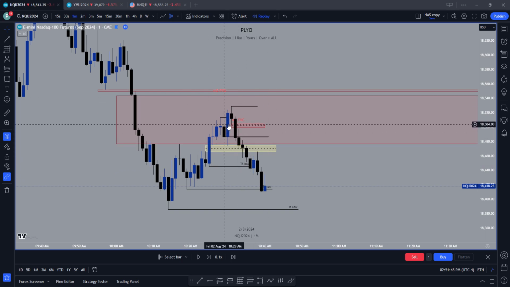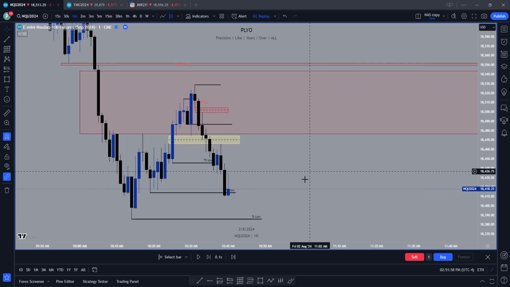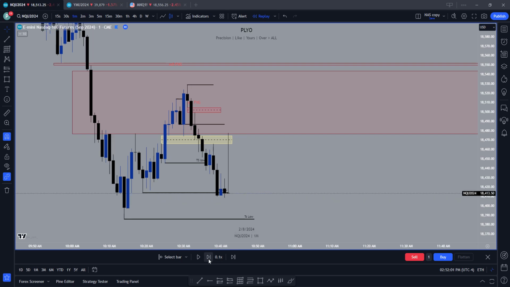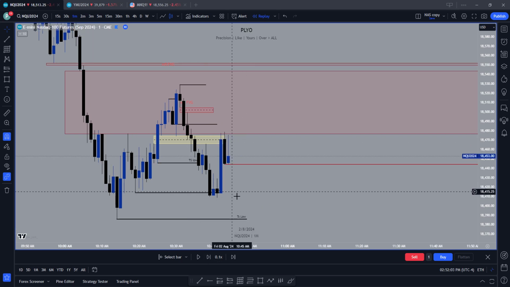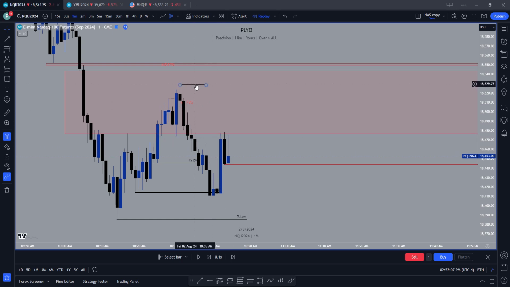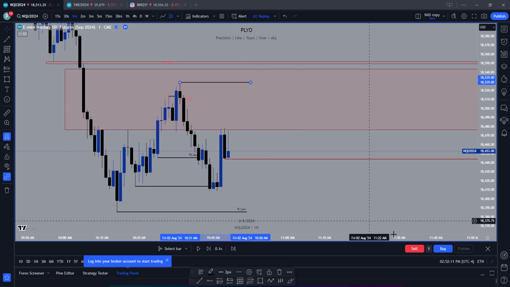The only thing that we're missing here is an inverse right in this leg. However, we get it down here, right? But we get the CISD. So like I said, it's up to you if you want to take things like that. And we do end up reversing back to the upside. So let's see if we can find the framework to get us back to this turtle soup high and to catch an entry there.